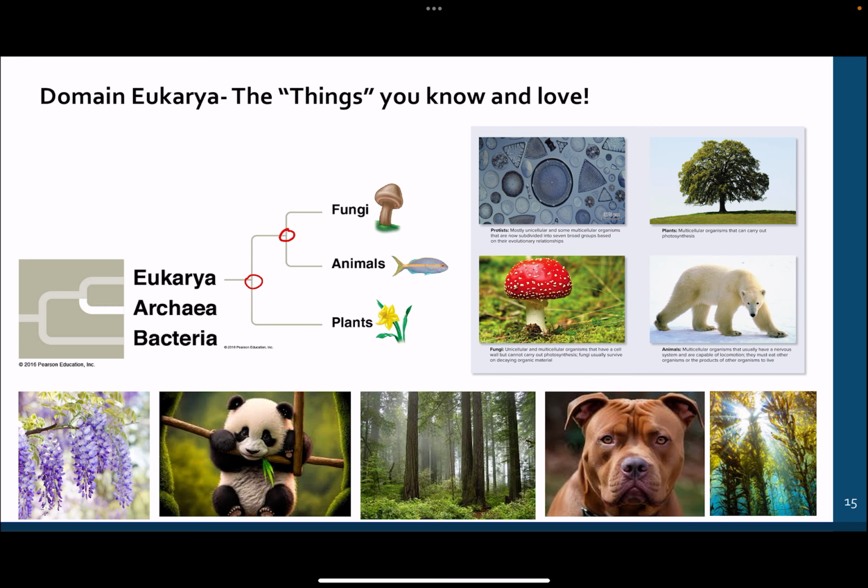Instead, fungi are decomposers and detritivores, which means they get their energy from decaying things that have died, or sometimes things that are living, but they are basically secreting chemicals that are going to dissolve the things that they are living on, and they are going to absorb energy from that decaying matter.